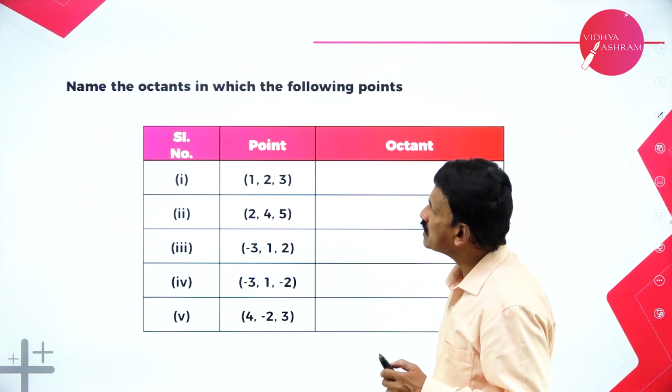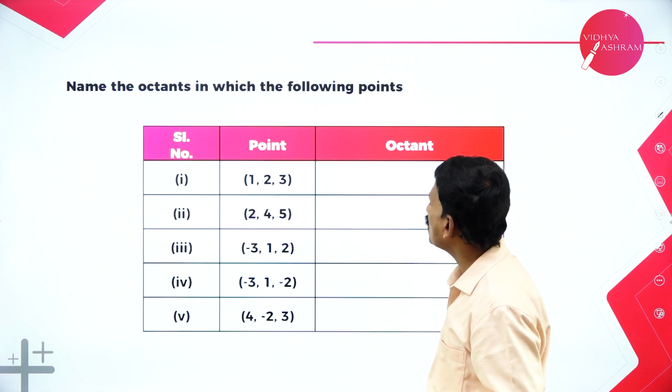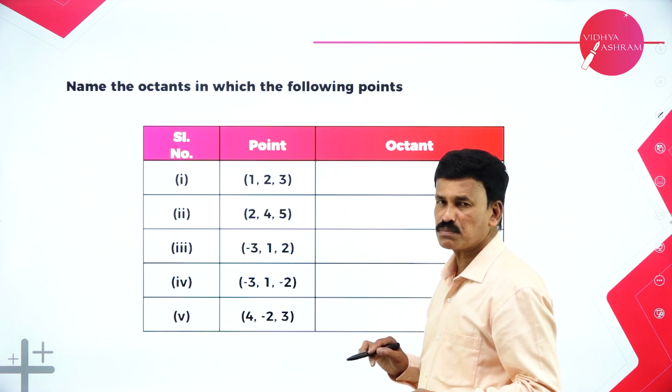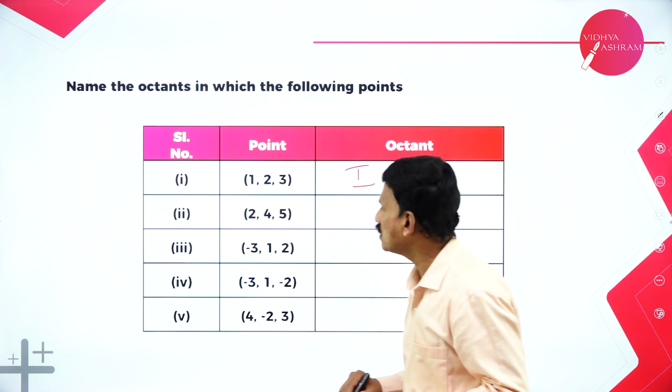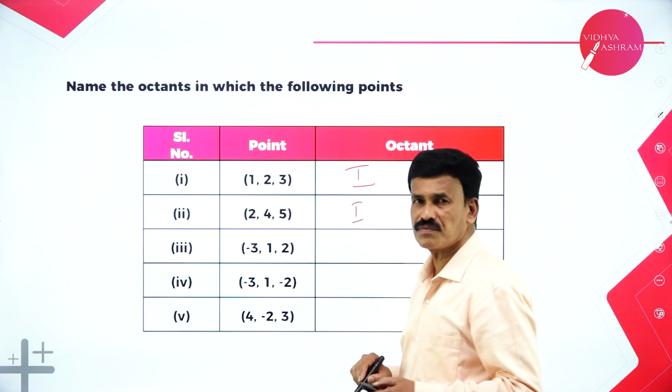Now, move on to the next one. The example for this: name the octant in which the following points are present. X is positive, y is positive, z is positive, plus, plus, plus. So, this is in the first octant. Again x is positive, y is positive, z is also positive. This is also in the first octant.